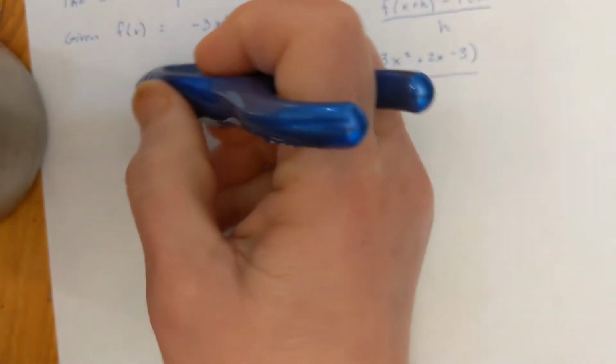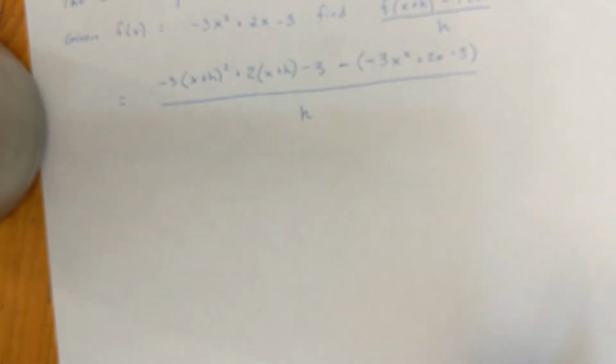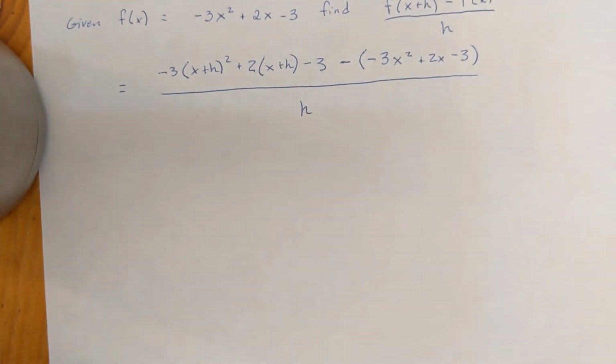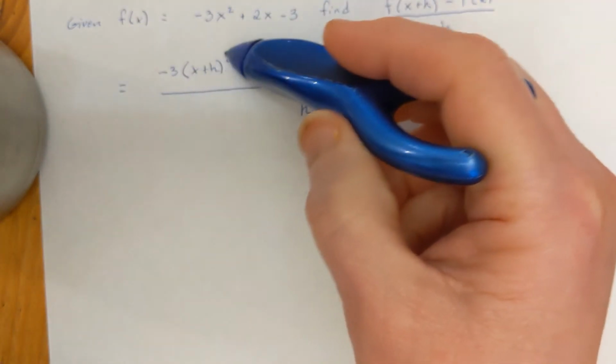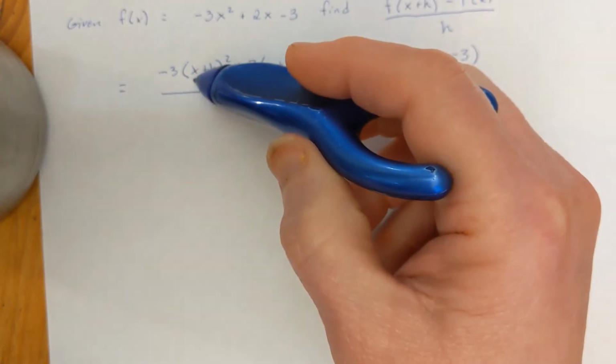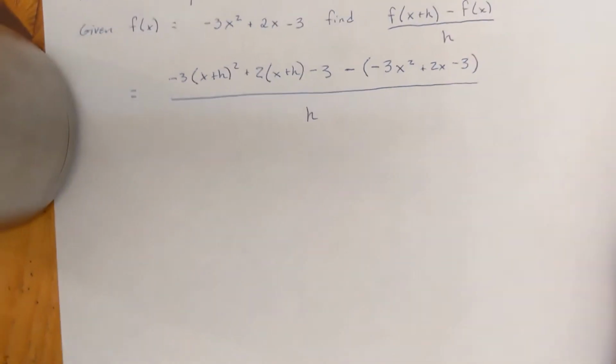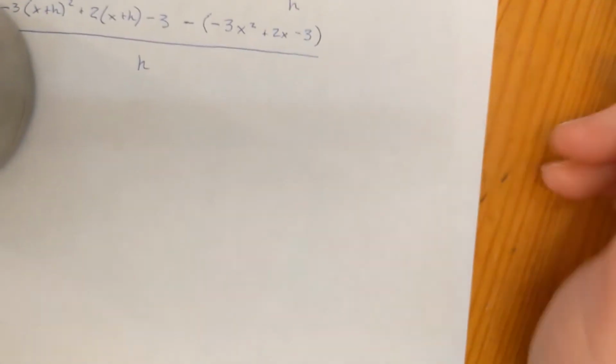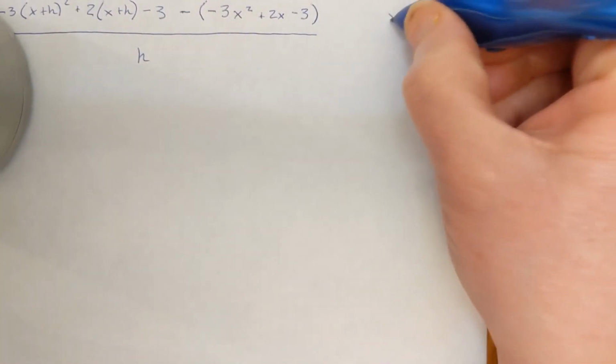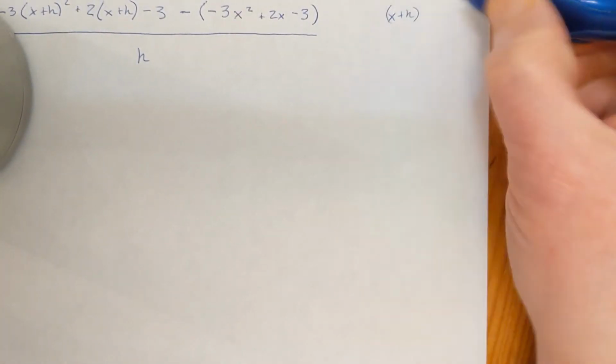Now I need to simplify this. Distribute everything. So the first thing I'm going to do is find x plus h squared. I'm going to actually just pull this right out over here and do x plus h squared.